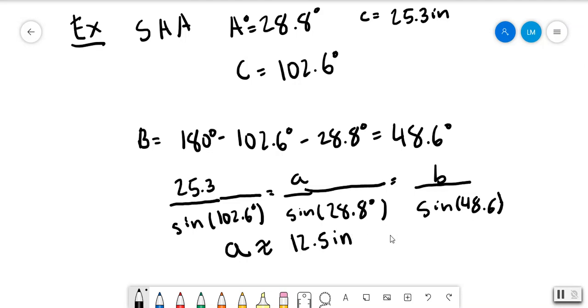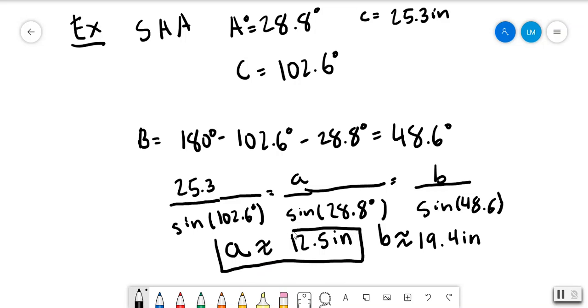Now, if we look for side B, not side C because we already know that, side B is going to be 19.4 inches.